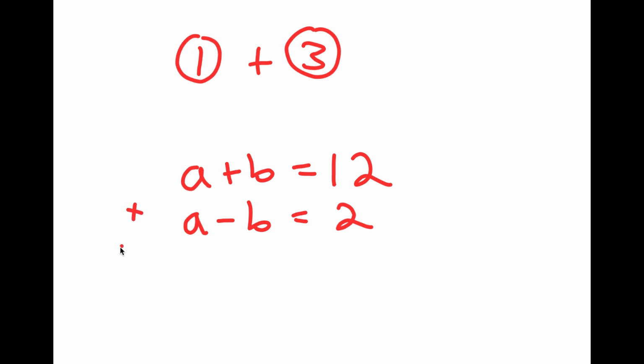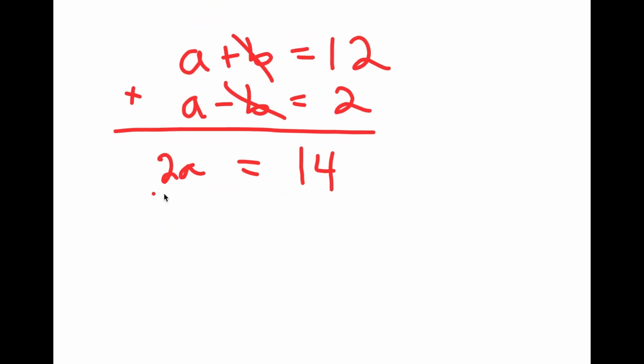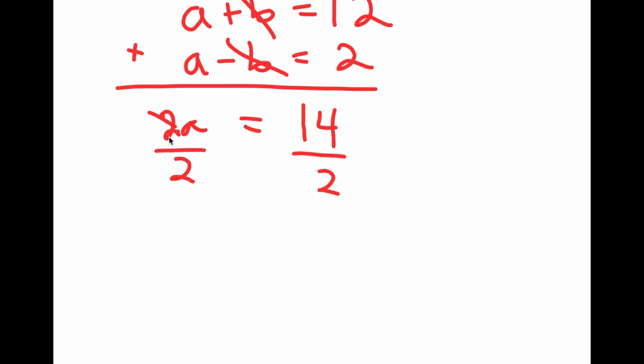So if I add these two together, a plus a is 2a, b minus b, these two cancel out, and 12 plus 2 is 14. So I get 2a is equal to 14, and if 2a equals 14, I can divide both sides by 2. And these two cancel out. I get a equals 14 over 2, which is 7.